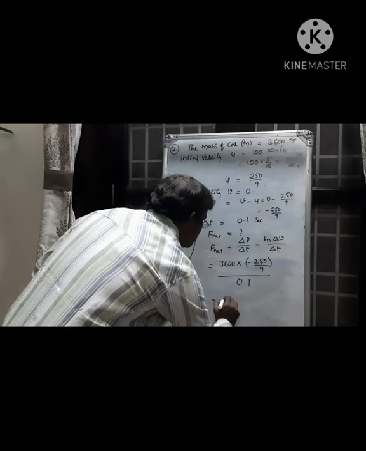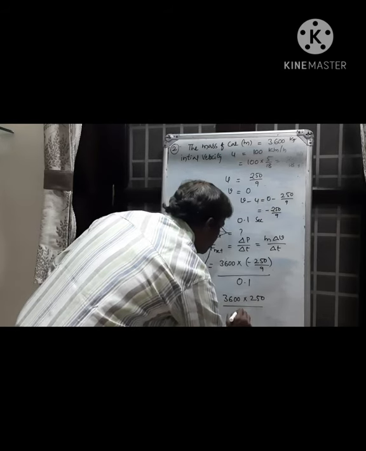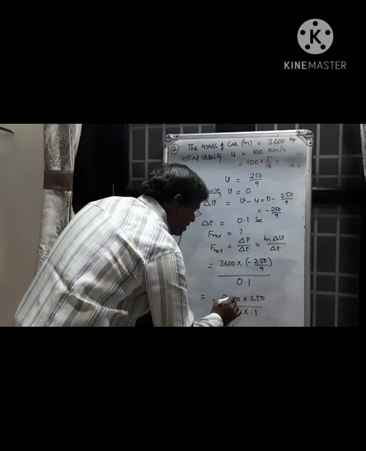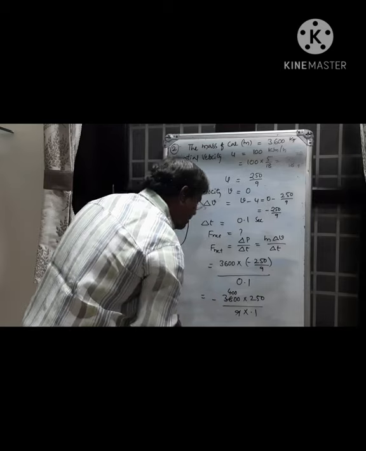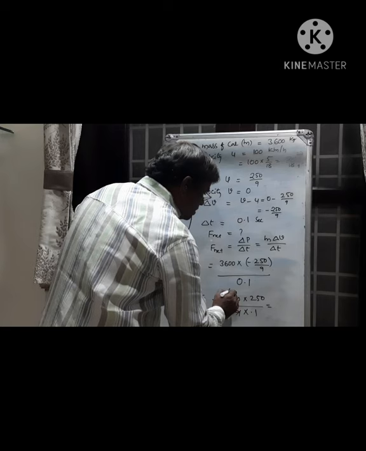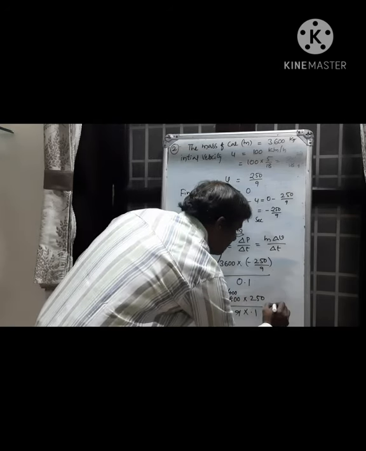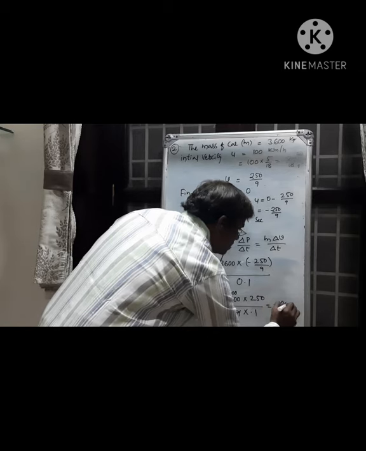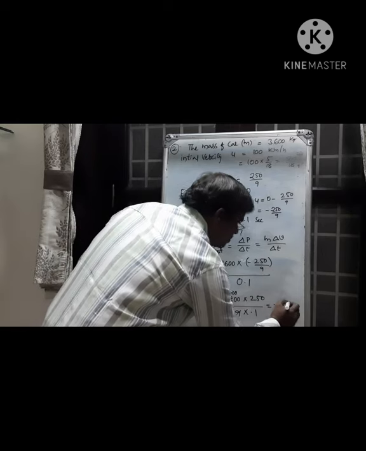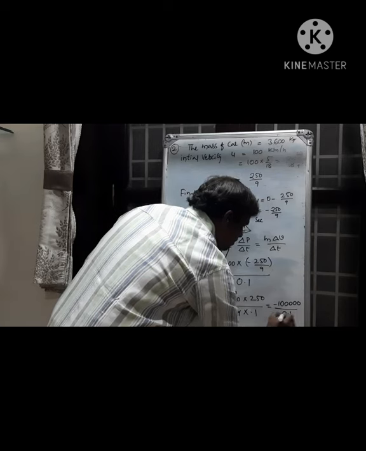So minus comes first, 3600 by 9 is 400. 25 times 4 is 100. Then 1, 2, 3 zeros by 0.1.